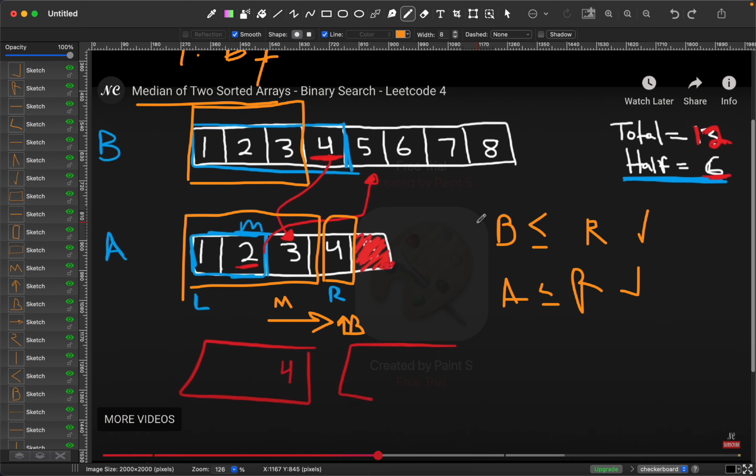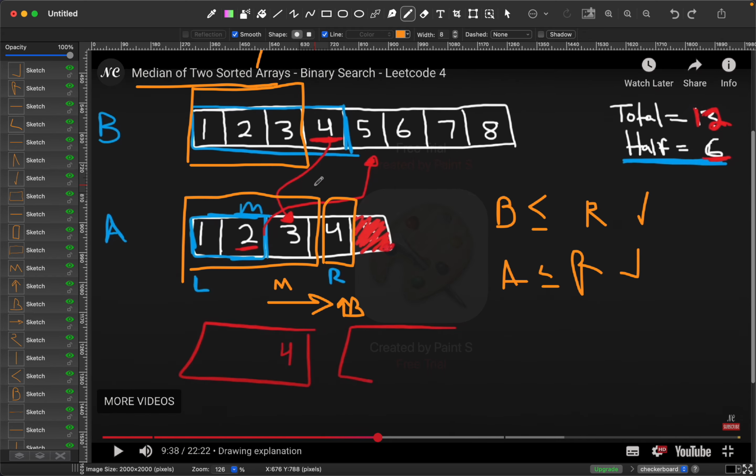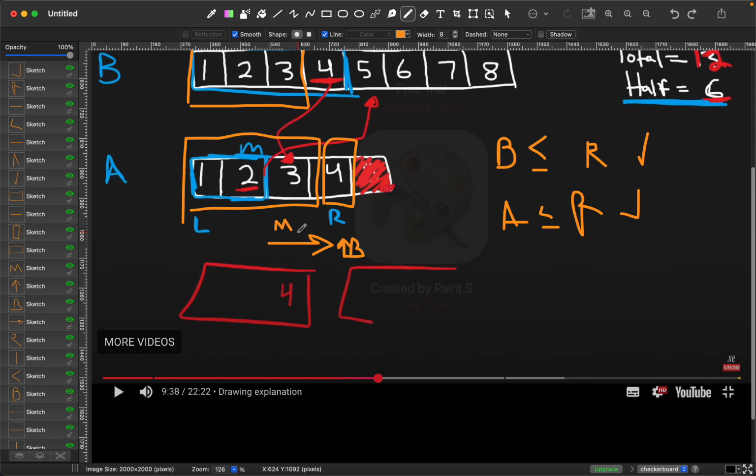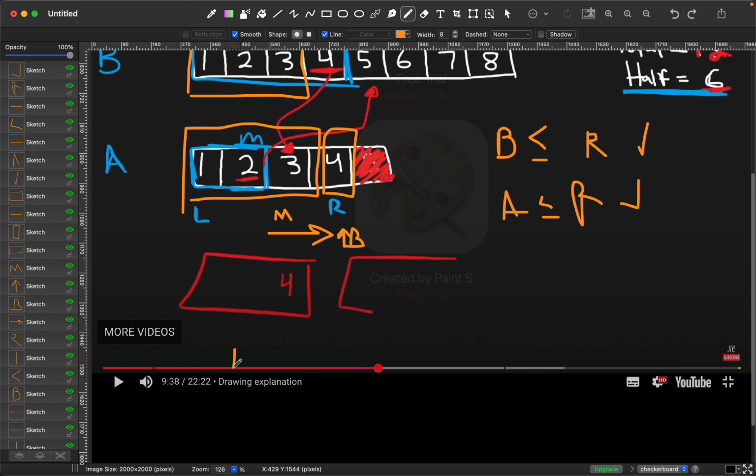Right now we just need to find the median. That's all we need to do. We place the boxes correctly this time around. The median is basically a center number. Traditionally it's a bunch of numbers, 1, 2, 3, 4, 5.